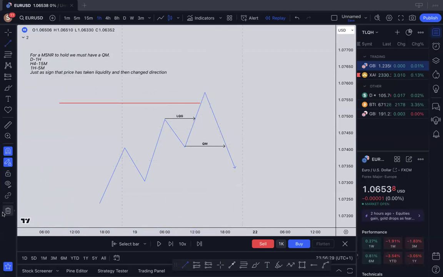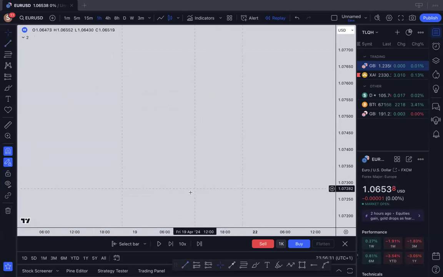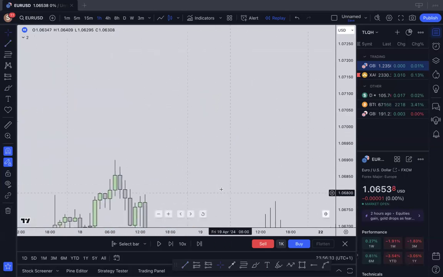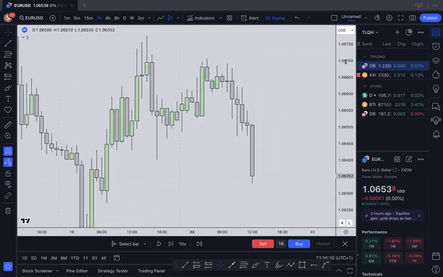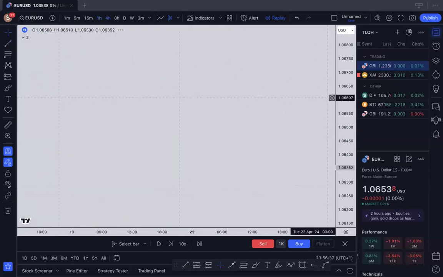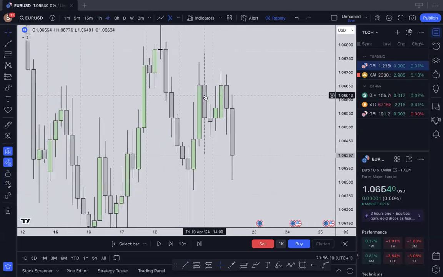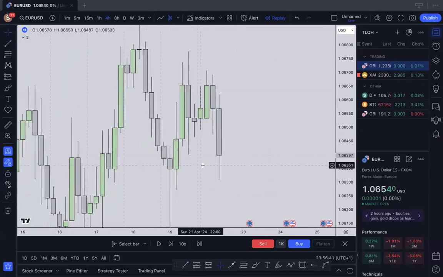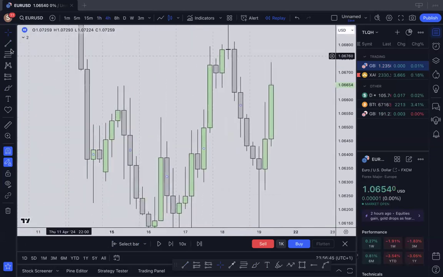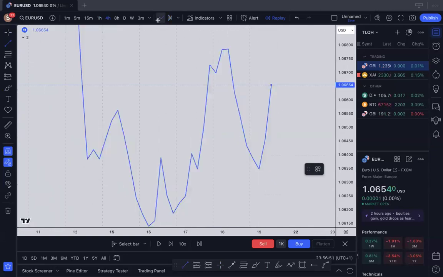So now let's have a look at some examples. We're just going to go back to this example that we had here before. We're going to just rewind it like so. We had this MSNR here.